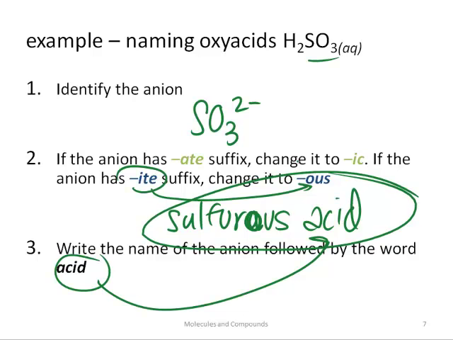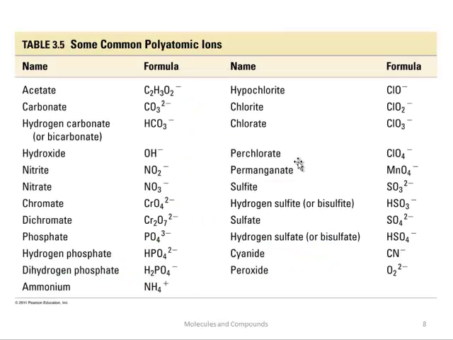So sulfurous acid is H2SO3, sulfuric acid is H2SO4. And again, for the majority of these, we're going to look at the polyatomic oxyanion, figure out if it's an ate or ite polyatomic ion, and change the name accordingly.